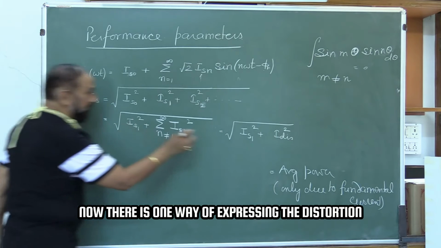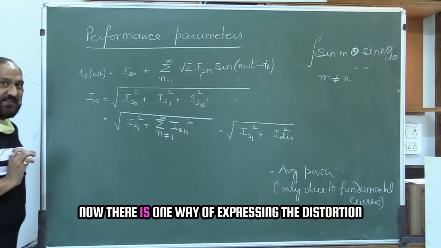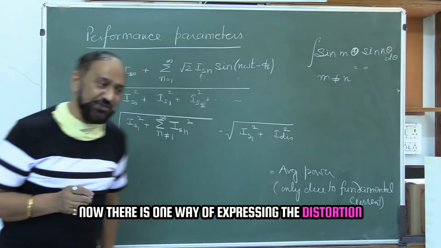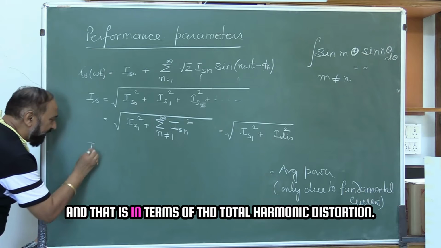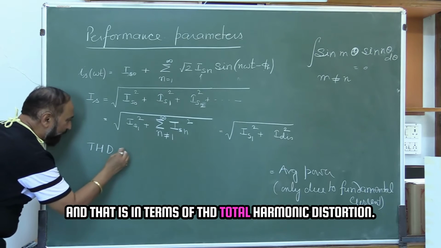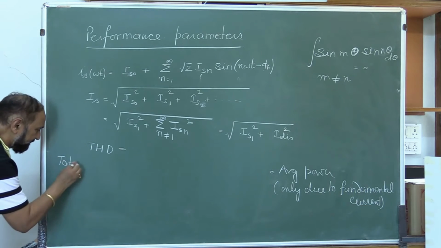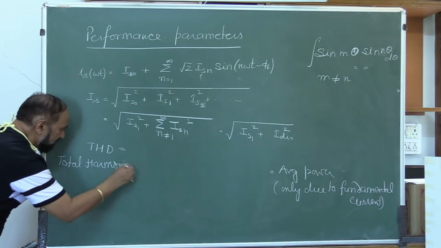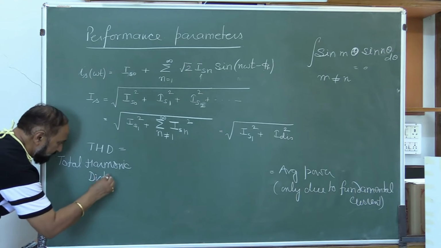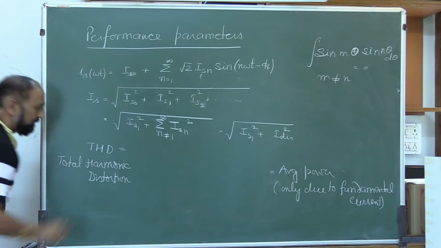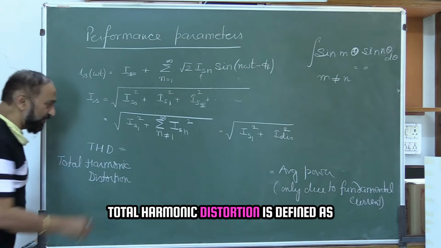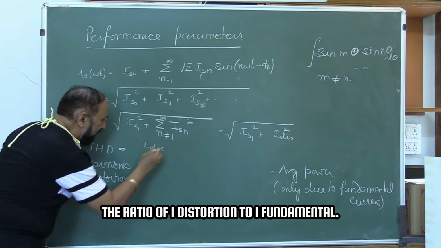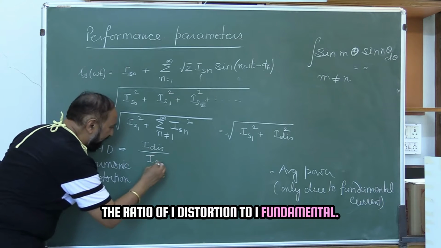Now there is one way of expressing the distortion, and that is in terms of THD, total harmonic distortion. Total harmonic distortion is defined as the ratio of I distortion to I fundamental.